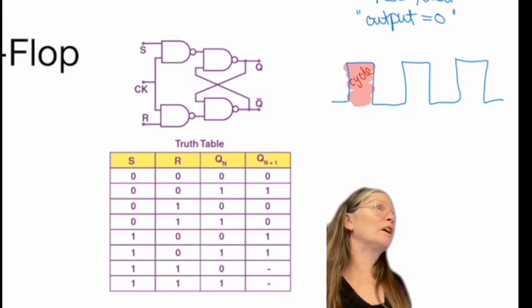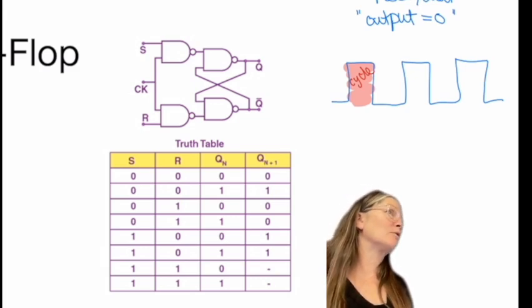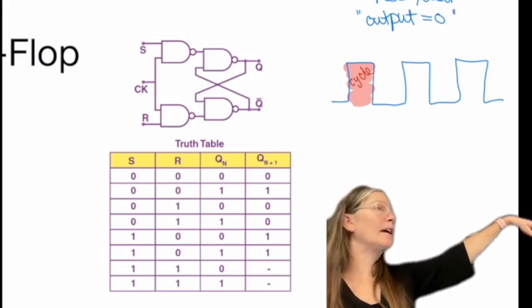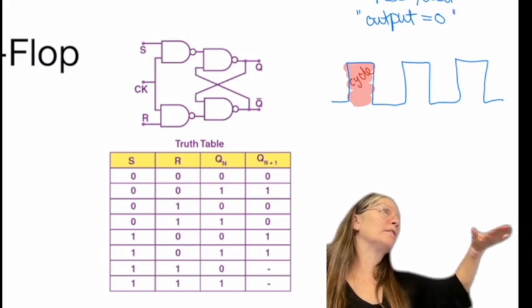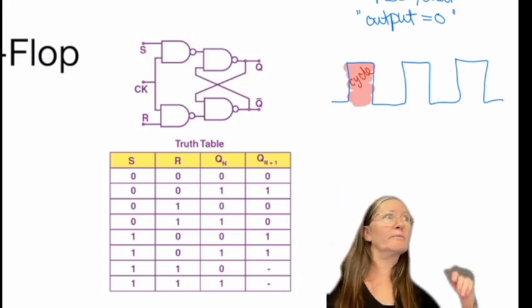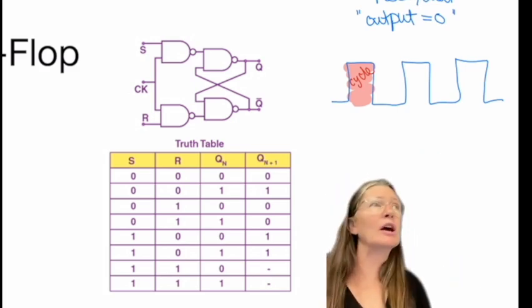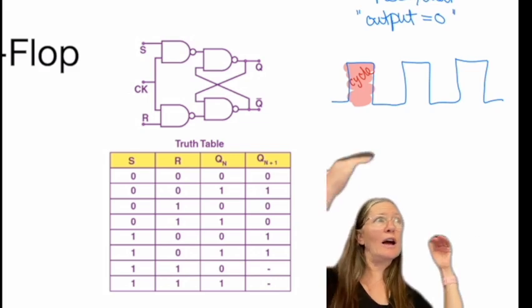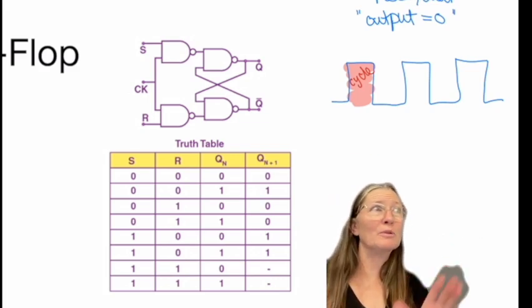So in lab you're actually going to create a manual clock where you'll push a button and it will go high, and then you'll take it off and it will go low. And so you'll create this cycle manually, but it is the transition from a low state to a high state to a low state. So that is what is meant by a clock: a low, high, low. Does that help? Clarify?